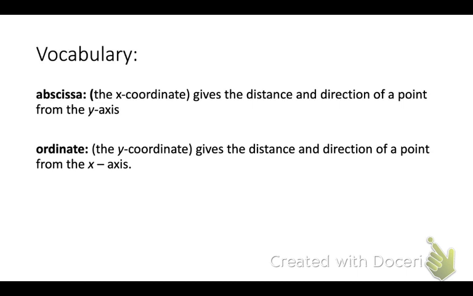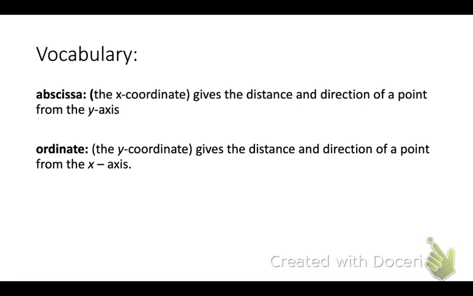And I threw this definition on here because we're so used to knowing it's just the x-coordinate. Well, what does that actually mean? The x-coordinate gives the distance and the direction of a point from the y-axis.